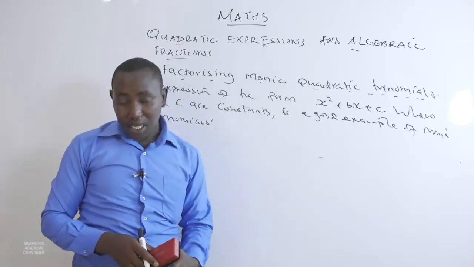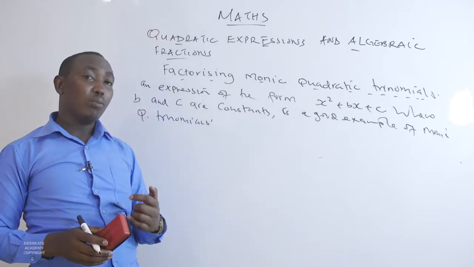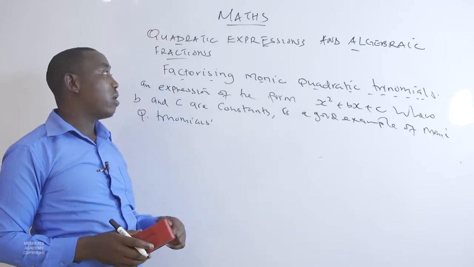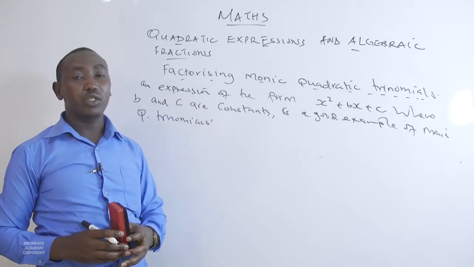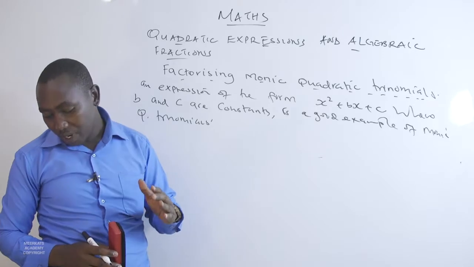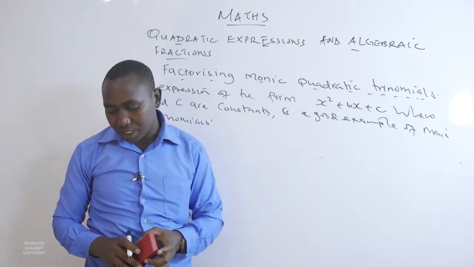Now there's a critical procedure that is normally followed whenever you want to factorize monic quadratic trinomials. We're going to look at each step by step.